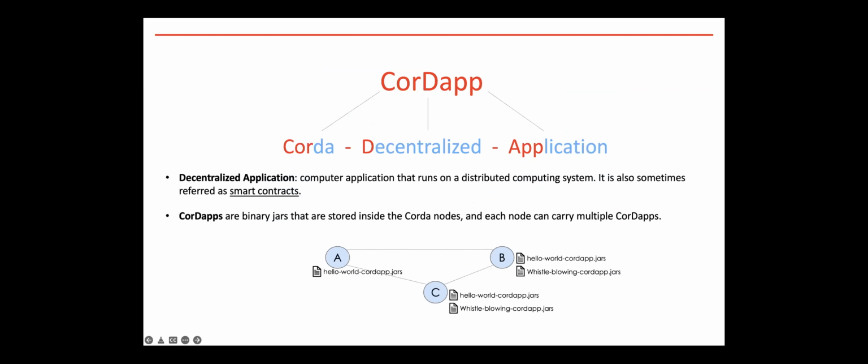Because if you remember the first slide we showed in today's session, the node will read in the functionalities in the Corda apps, and the node can actually execute everything in the Corda app.